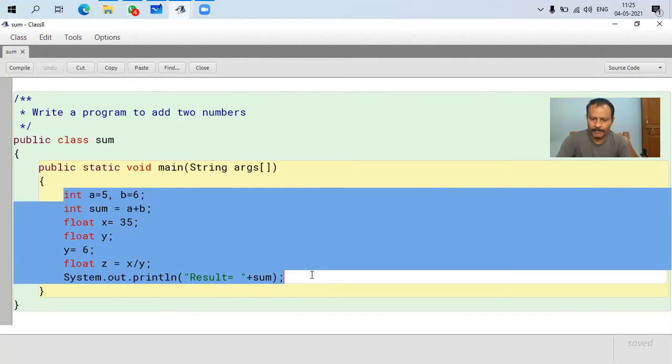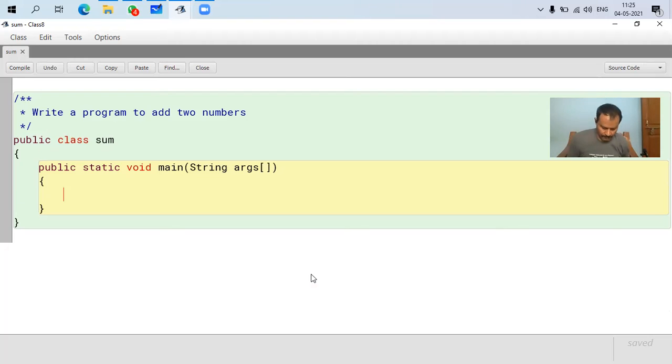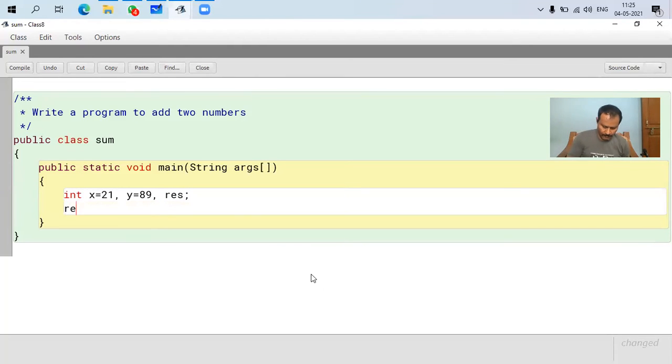to print the sum of two numbers. To print the sum of two numbers, we need two numbers. Correct? Then what we need? We need to also store the result. So we had declared the variable as result. Now result equals x plus y.